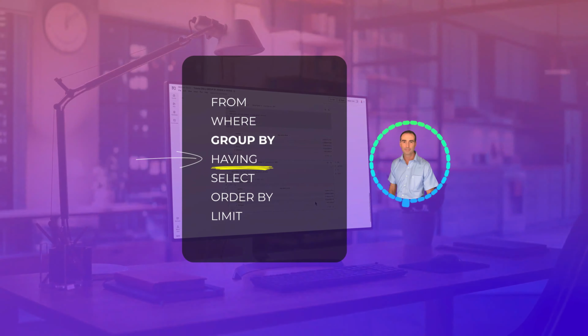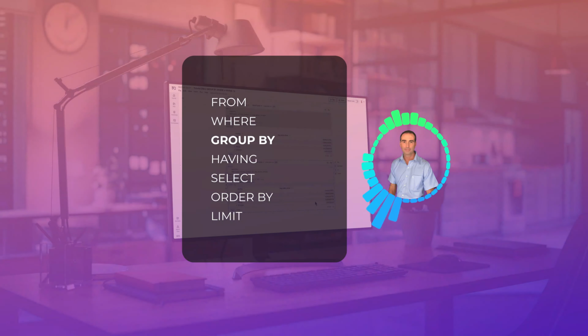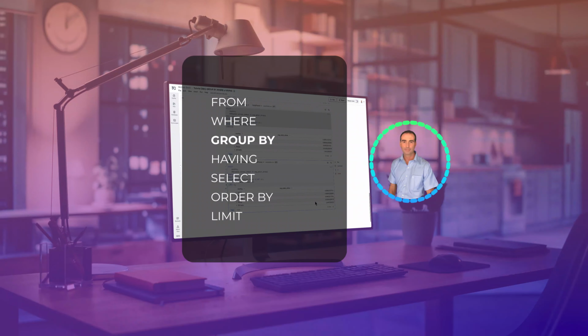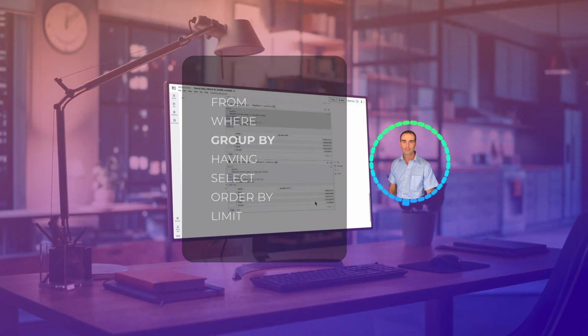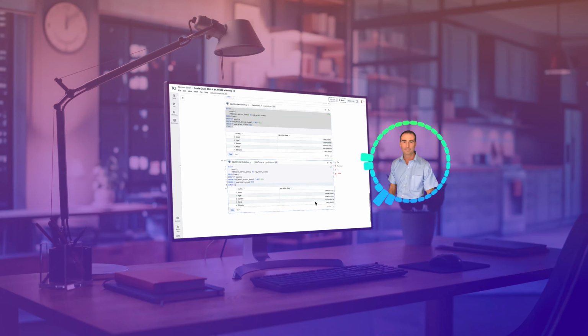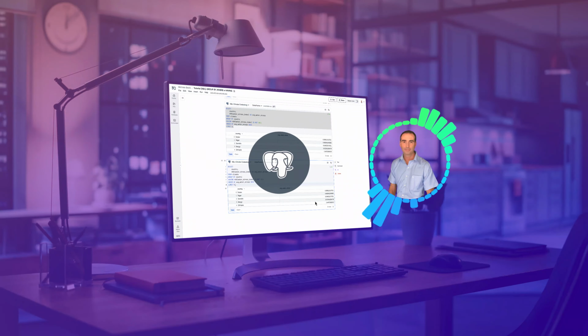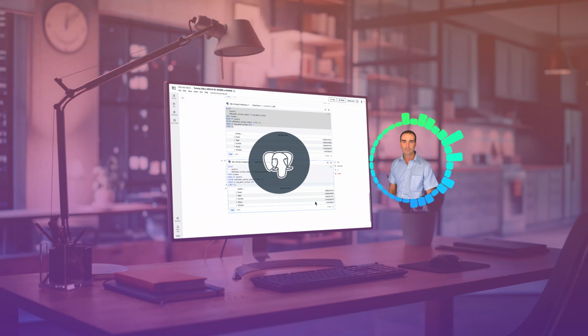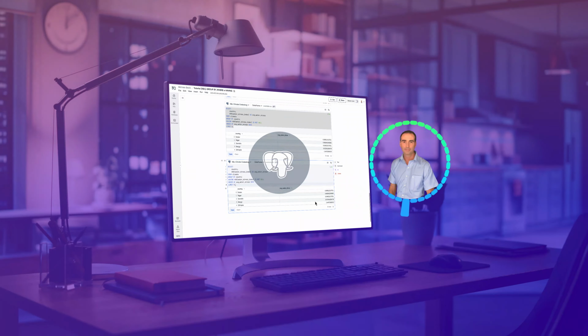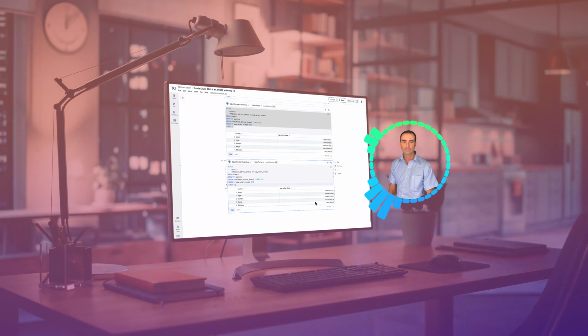This distinction and understanding of the order in which SQL clauses are executed in a query are also particularly valued in job interviews. As a technical note, remember that the queries in this tutorial are optimized for PostgreSQL. Some modifications may be necessary if you use another DBMS, for example MySQL or SQL Server.